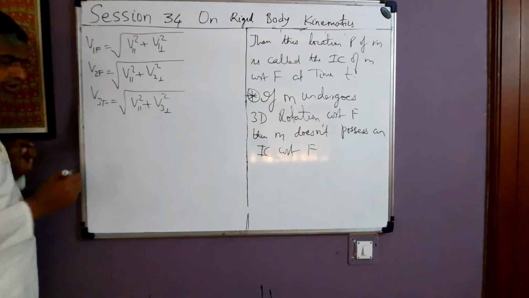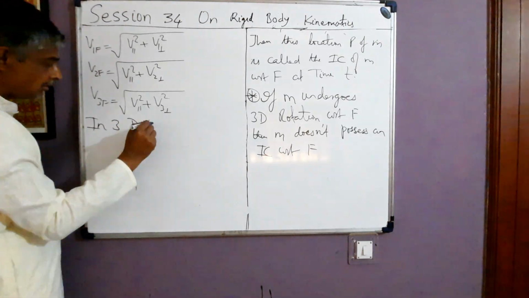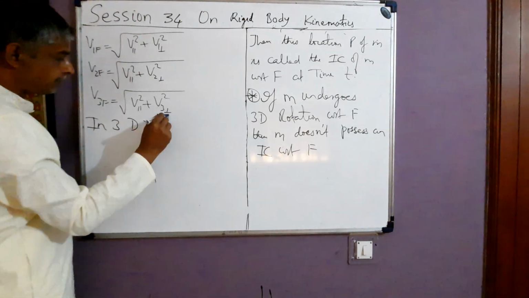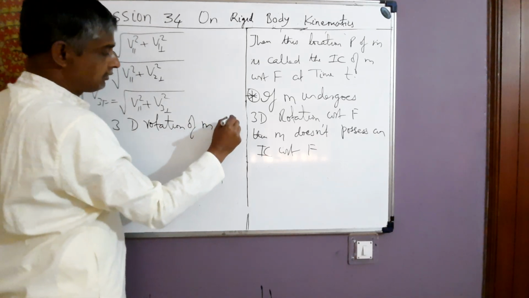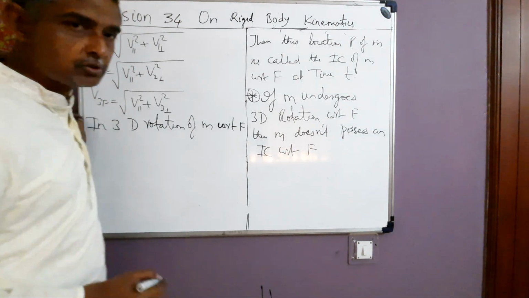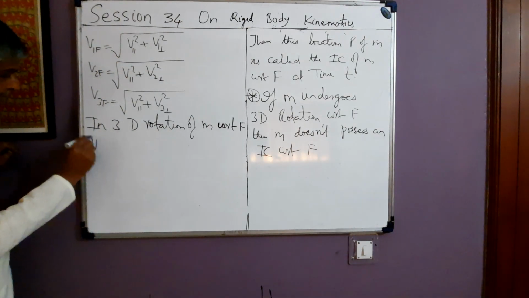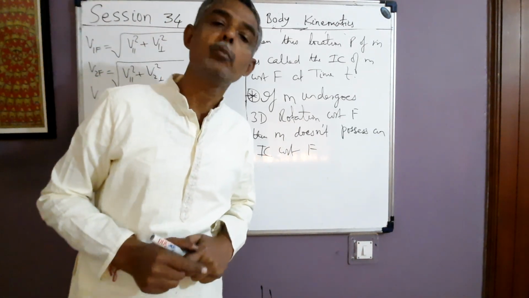Now, in 3D rotation of M with respect to F, the component of velocity of any of its material or imaginary locations along omega is non-zero.